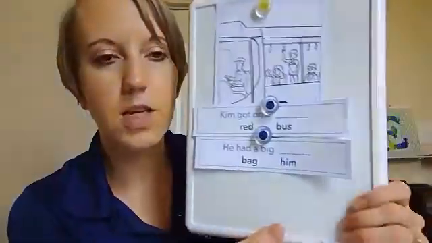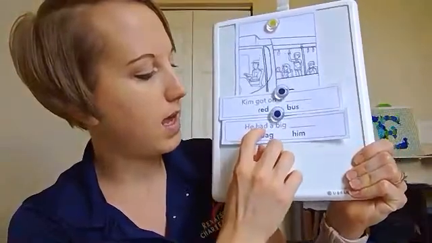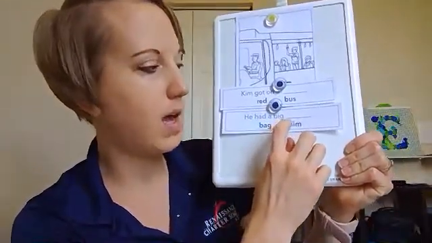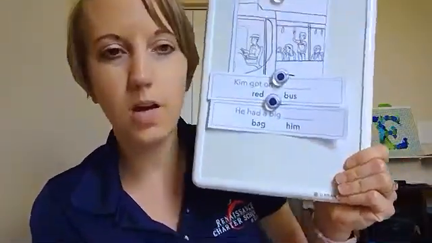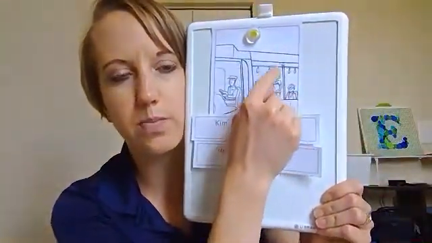Okay, so that's our first sentence, and we have 2 more that we're going to use to make a paragraph, okay? Here is the second sentence. Now, the first thing we're going to do is to read the sentence carefully. He had a big blank. Okay, so we know that we're talking about one of the people in this picture.